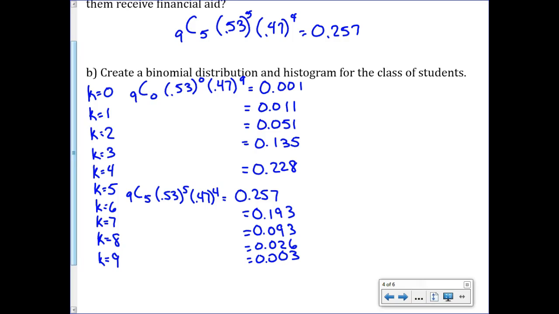And then a histogram looks like a bar graph where the bars are all touching. You'll notice we need to go from 0.001 all the way up to 0.257, so I'm going to go by 0.05.